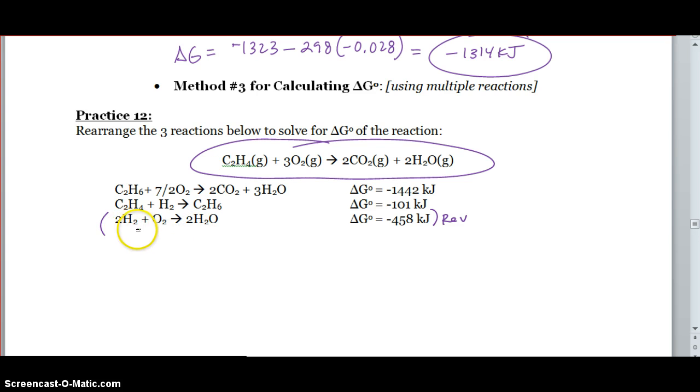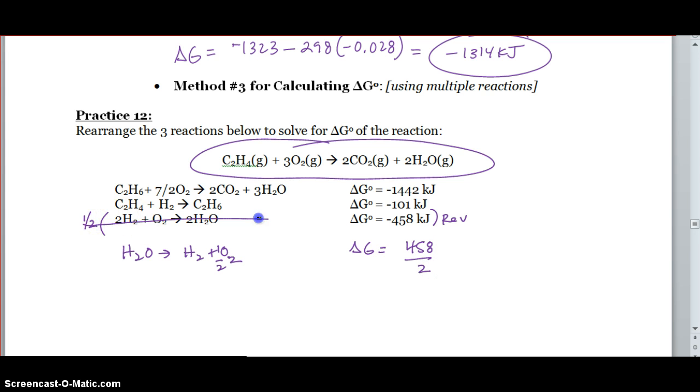The other issue is I don't want to double this, but I have 2 hydrogens here and only 1 there. So I'm going to try multiplying this by 1/2 and see if that helps us. So now we end up with H2O forms H2 plus 1/2 O2. And so our delta G will be positive 458 over 2.